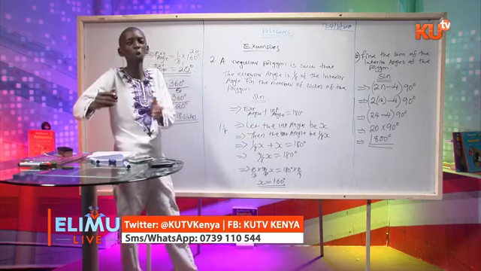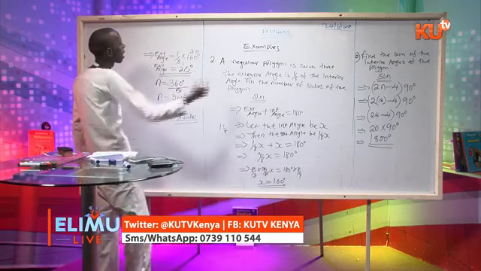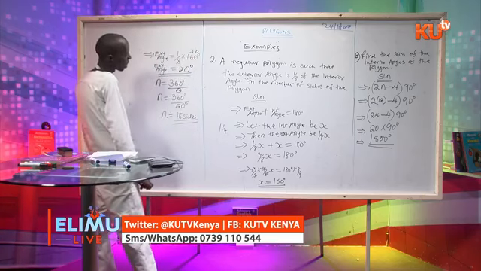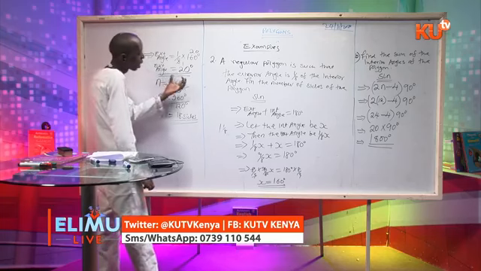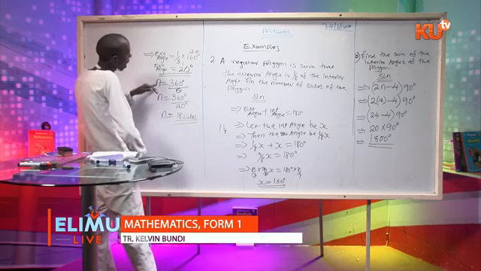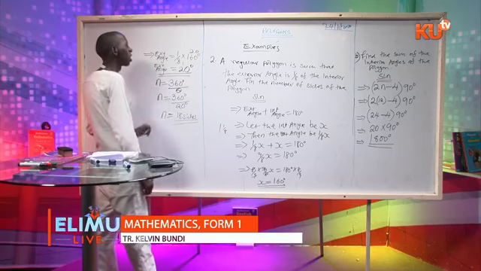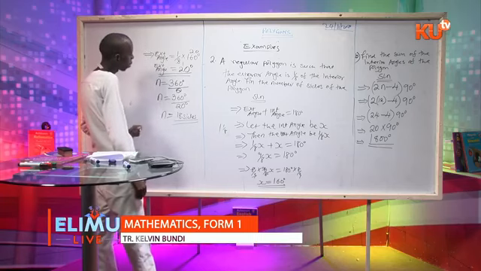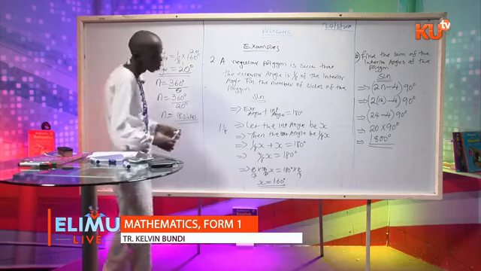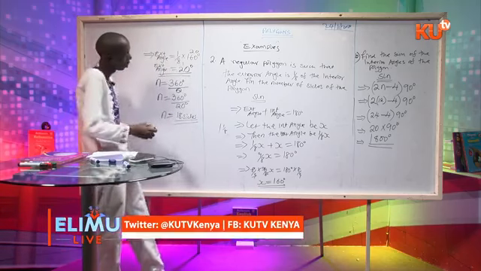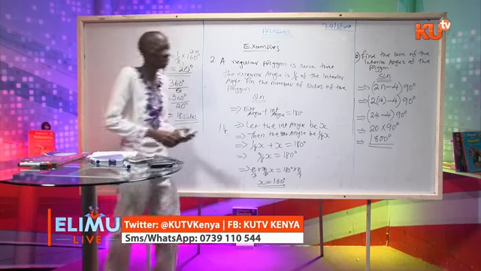You need the exterior angle so that you can apply the formula. And the exterior angle is 1/8 of the interior angle, which is 160 degrees, so you get the exterior angle as 20 degrees. Use the formula that I taught you as we began the lesson, that n, the number of sides, is 360 degrees divided by the exterior angle. Therefore, n is 360 degrees divided by 20 degrees, and you get your n as 18 sides.